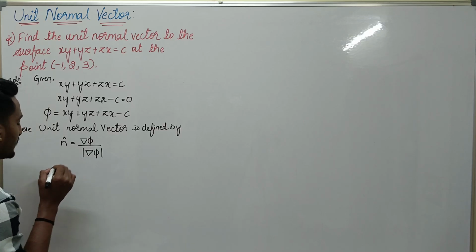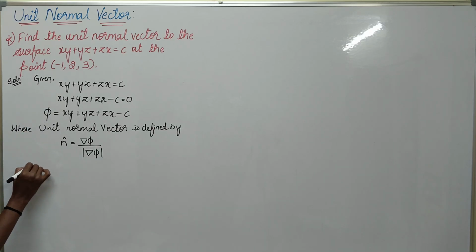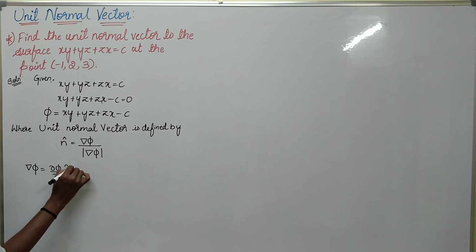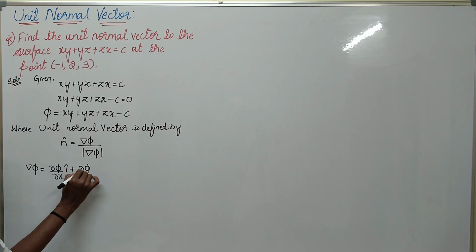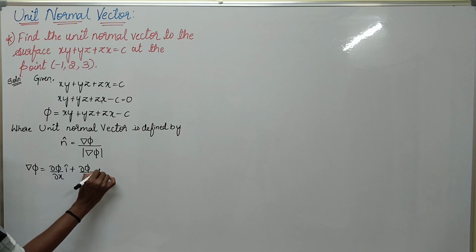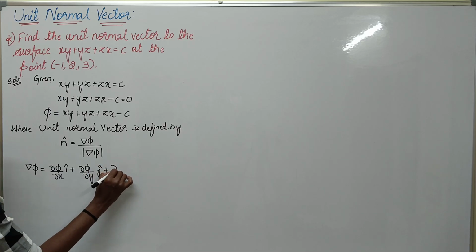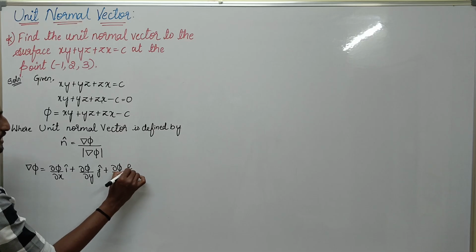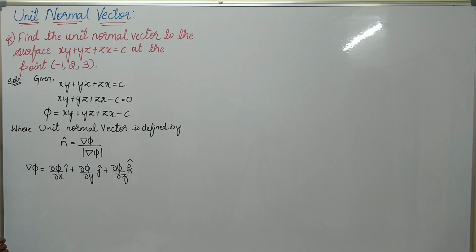What is gradient phi? Gradient phi is dou phi by dou x i cap plus dou phi by dou y j cap plus dou phi by dou z k cap. We differentiate the scalar function phi with respect to x, y, z in the directions i, j, k.